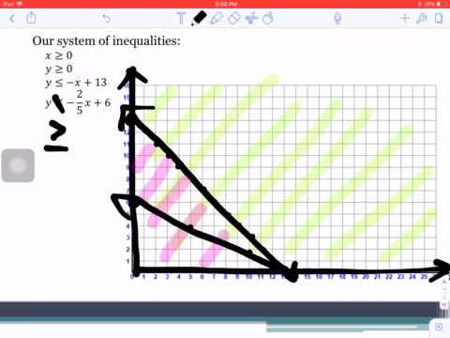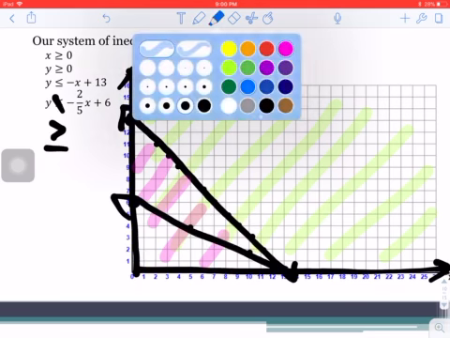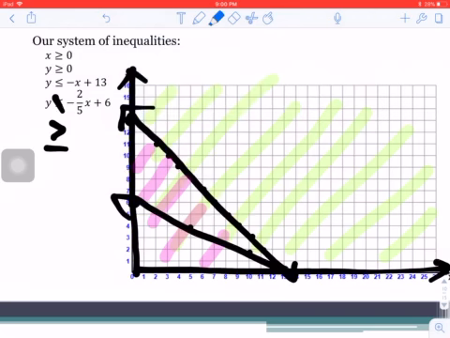Okay. And we want the greater than, so that's actually going to be above. And as always, we are looking for the regions that have already been shaded that match. So our extra crispy area will actually be in here. So there we go. That is our system of inequalities for that particular problem.